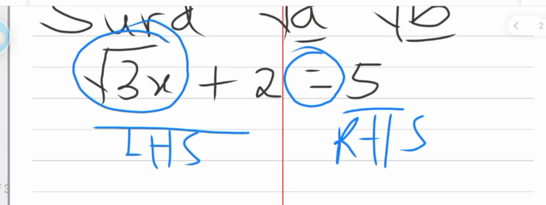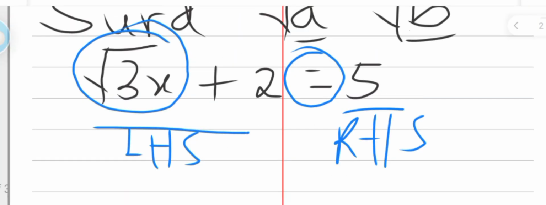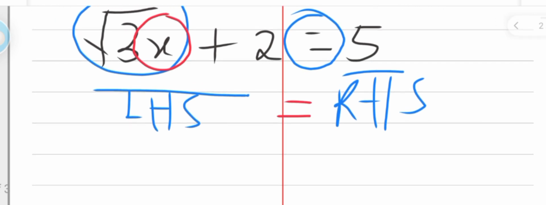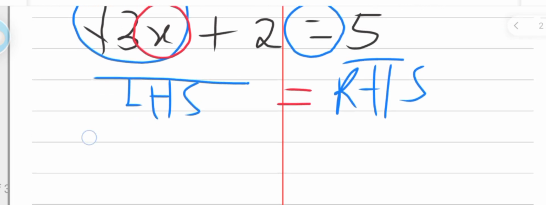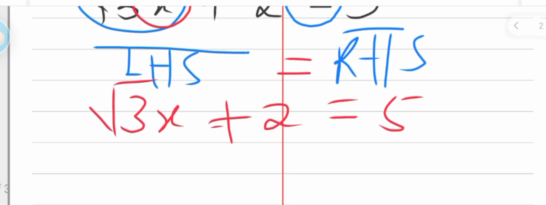Since we have a certain variable x involved in the equation, we need to find a certain value for x where the left hand side will be equal to the right hand side. So that is the job that we have to do. Our question is giving us root 3x plus 2, and that should be equal to 5. So we have to solve this.